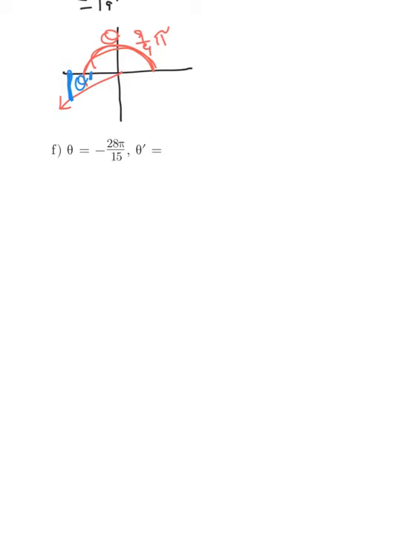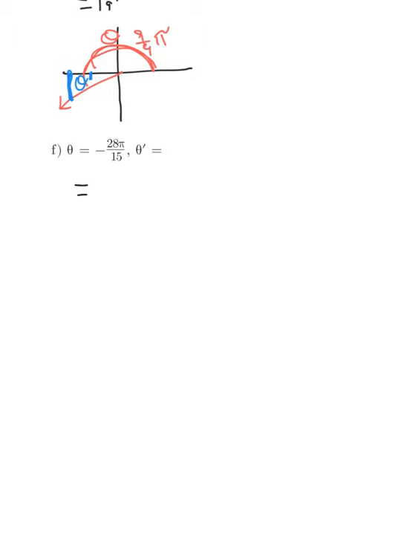On our last example for finding reference angles, we are told that theta is negative 28 pi over 15, and we are asked to find theta prime. So let's do the same thing that we just did on E. Let's change this to a mixed number. How many times does 15 go into 28?